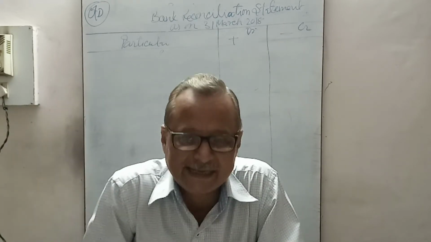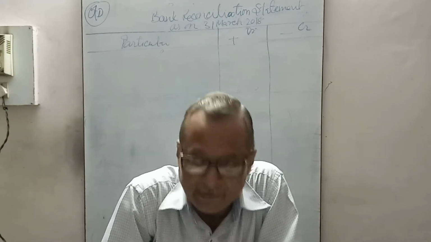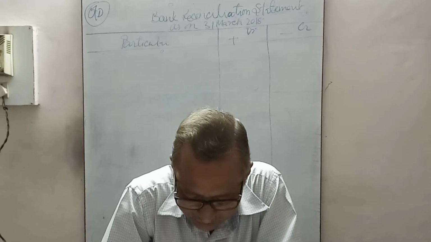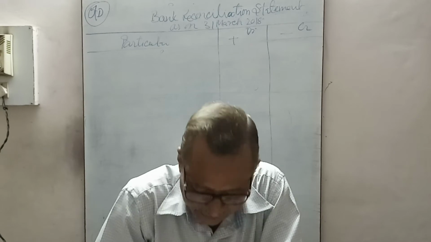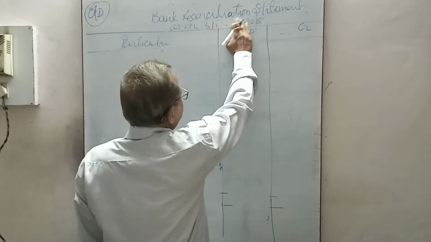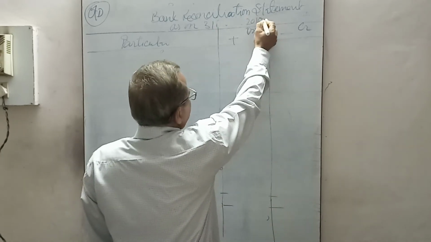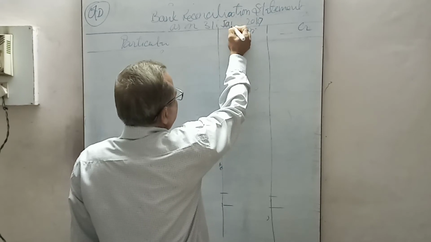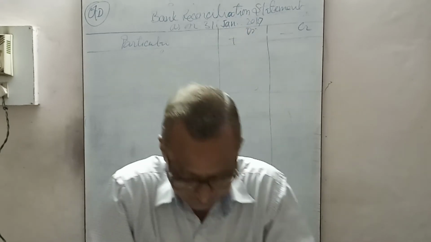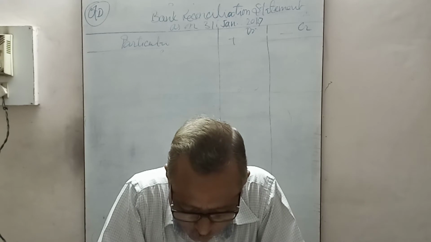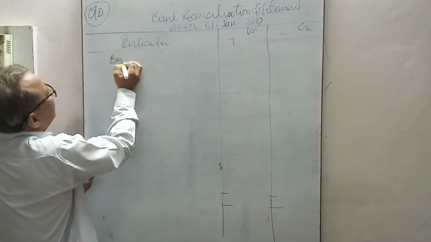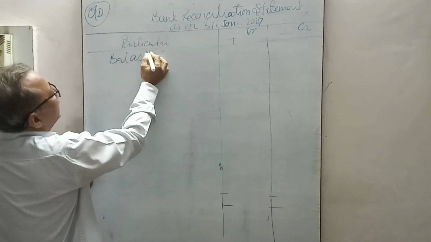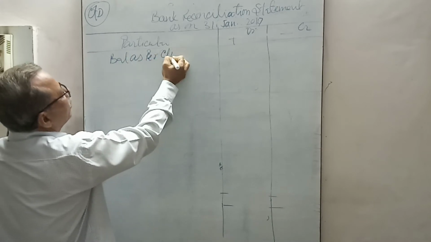As question number 6 is given, prepare bank reconciliation statement as on 31st January 2017. Now it is for January. Mr. Sanjay shows a credit balance. Cash book balance is showing credit balance. Balance as per cash book.